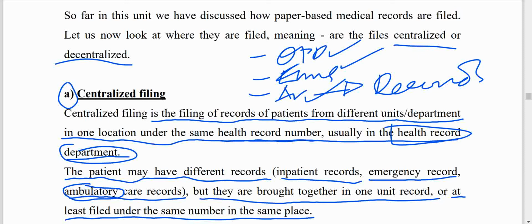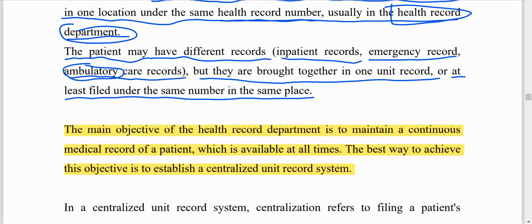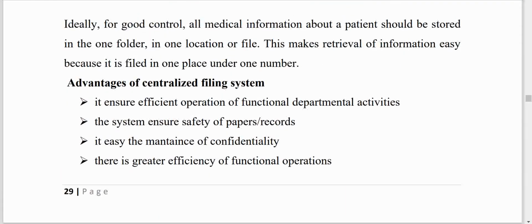And all these services that they are offering in the process of transporting a patient will be recorded. Those records that are created in the process of the journey should also be brought to the facility and filed within the medical record department under one number. So ambulatory care units become part of the units of the facility as well.